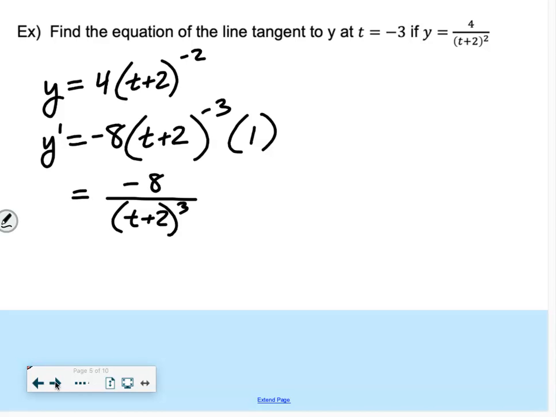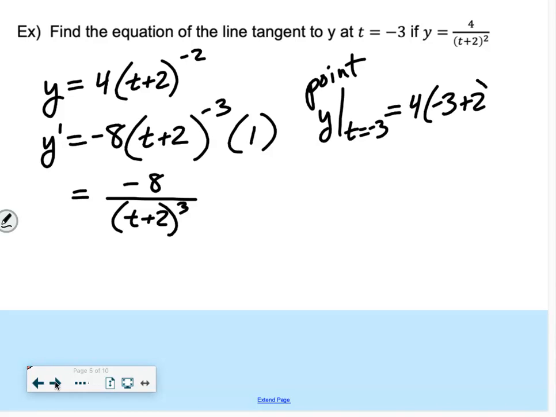All right, we want the equation of the line tangent at t equals negative 3. So we need a point and we need a slope. So the point would be y evaluated at t equals negative 3, which is 4 times (negative 3 plus 2) to the negative second, which equals 4 over negative 1 squared, or 4. So our point is the point (negative 3, 4).